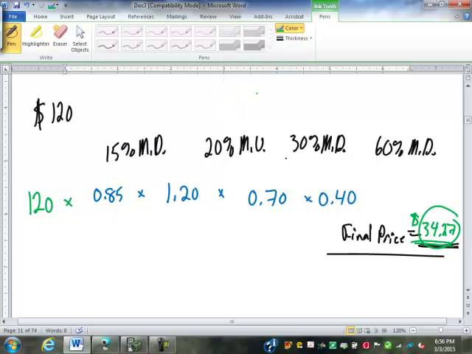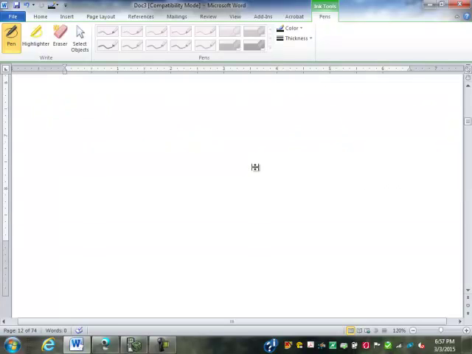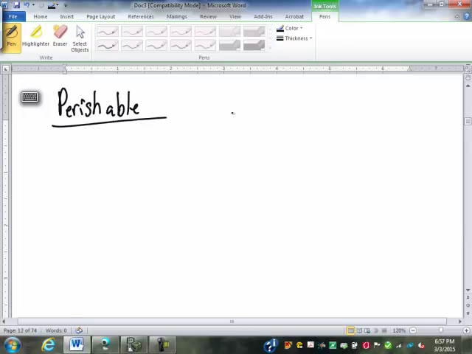Which actually is a good question because it leads us into our next concept, our final concept. What happens if they don't have this luxury of marking it down and marking it back up? What if we have something called perishable goods? Well, when we think of perishable, you usually think of food.